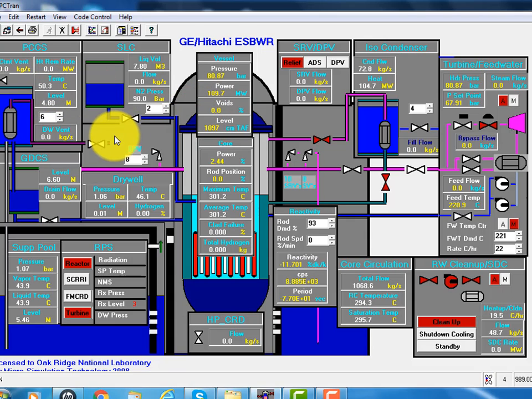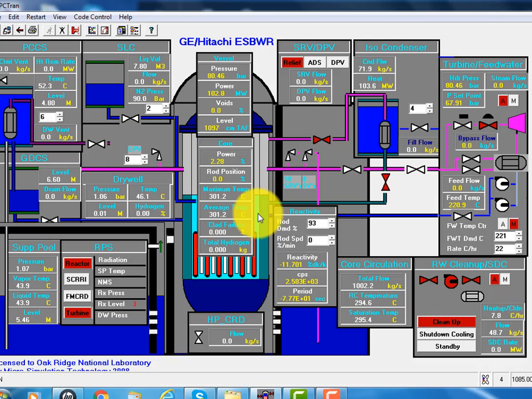Because it's open at ambient pressure, it's relatively easy to fill up and give additional makeup to this pool. So the reactor pressure will be maintained, now still 80 bar, although the temperature is slowly cooling down.